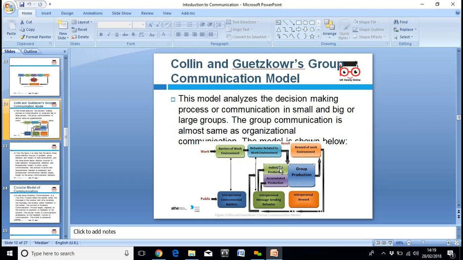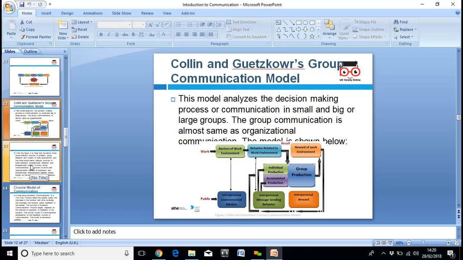That moves down into group production, individual production, and that moves back up into the reward for work, and then down round here, and back in by interpersonal messaging, or individual production. The noise can be public or interpersonal and environmental barriers.